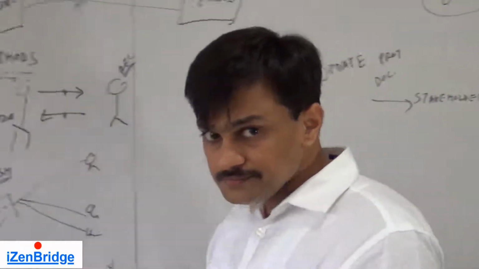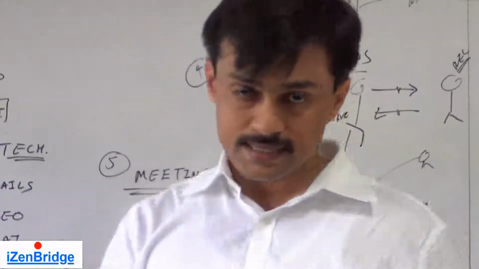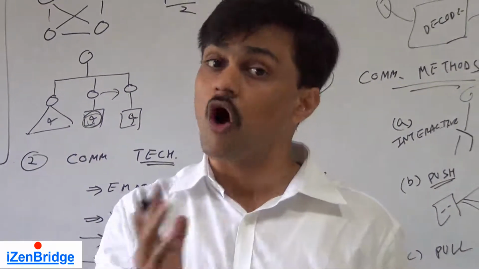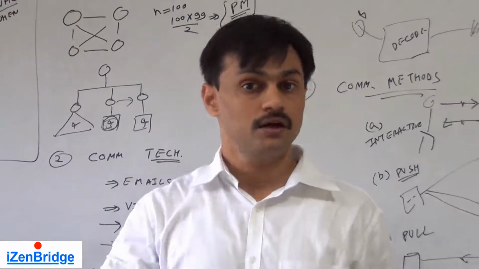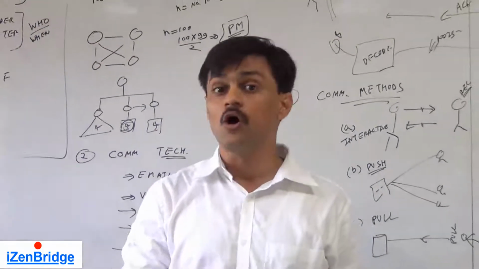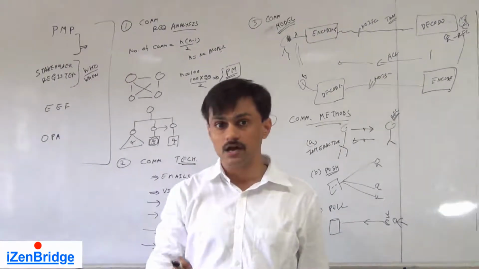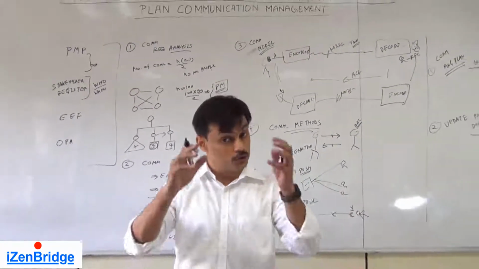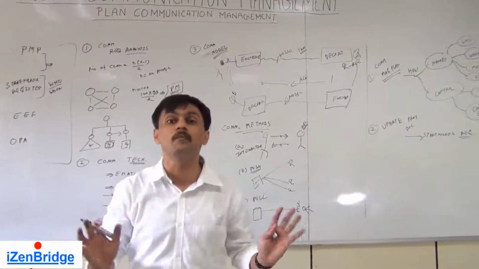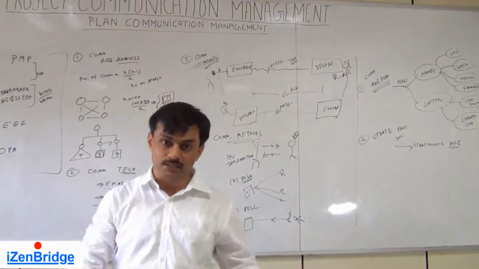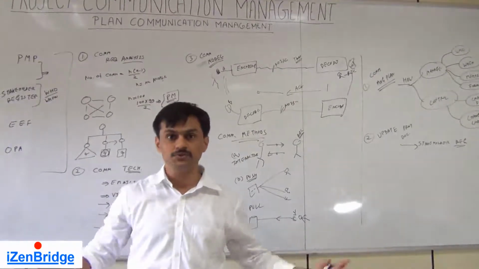So in summary, it tells us how we are going to manage and control communication. It gives us formats, frequencies. It talks about roles and responsibilities, who is responsible for sending the weekly status report, etc., in our project. In order to do that, we need to do a good amount of analysis of our communication requirements and the methods and models available to us.